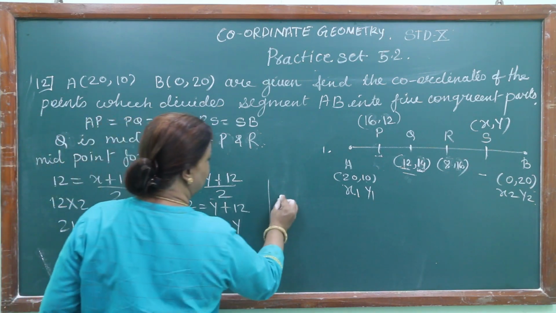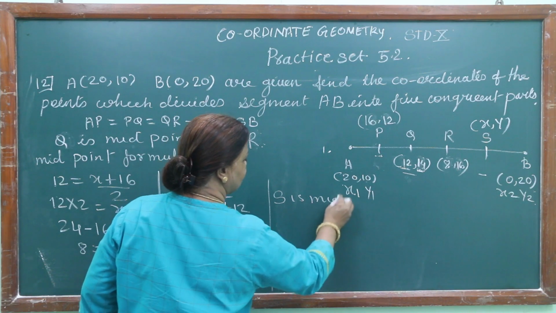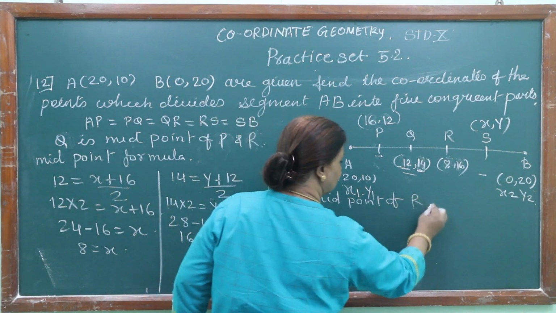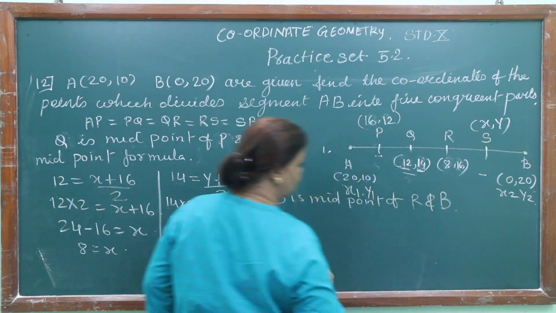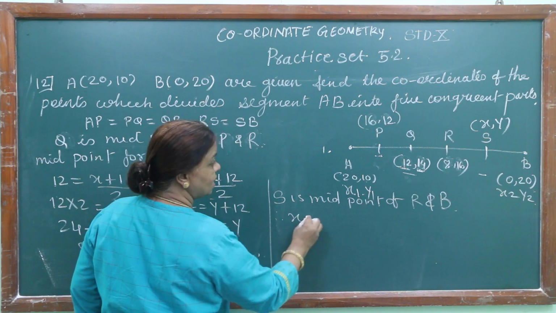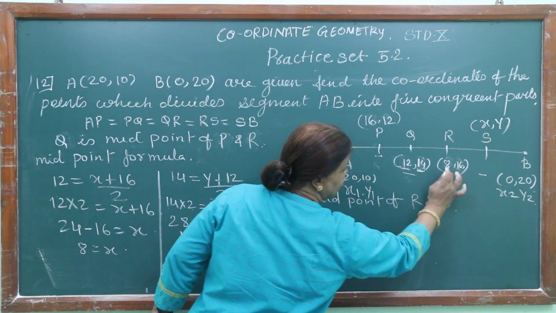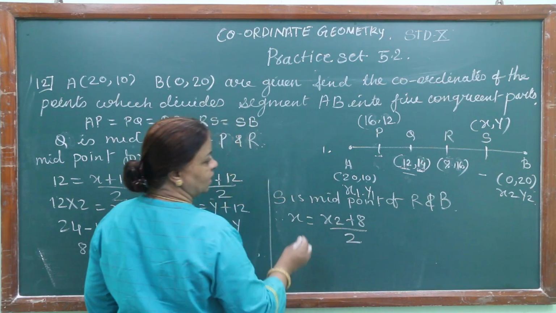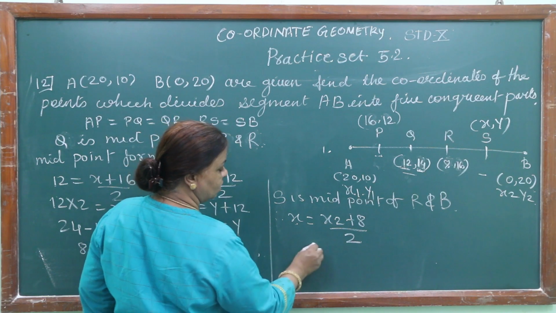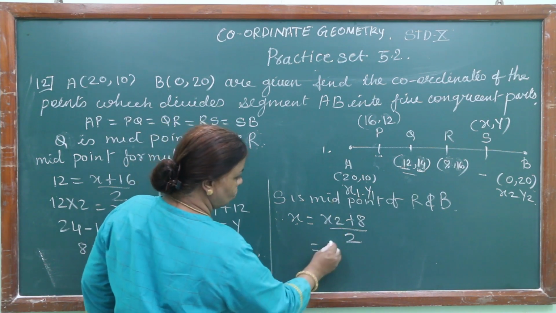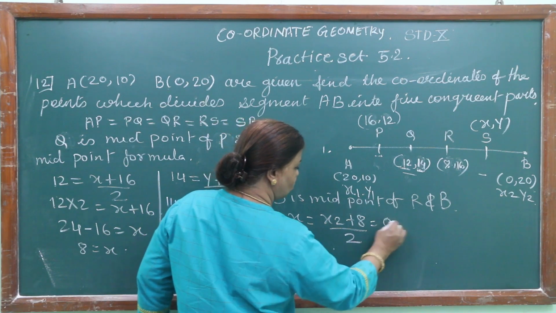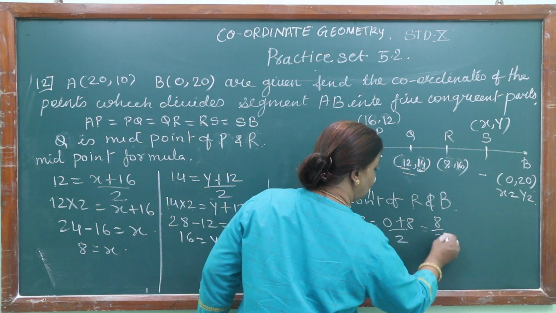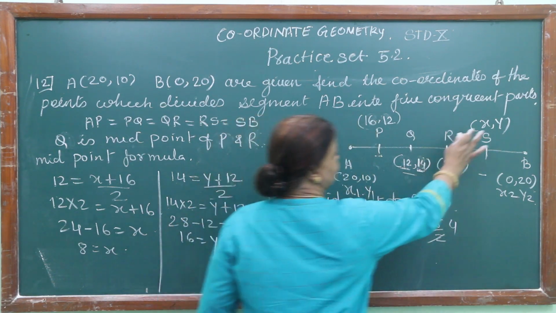So if S is the midpoint of R and B, therefore x is equal to x2 plus 8 upon 2, and x we need to find out. How much is x2? 0. Right, here 0 plus 8 upon 2, that is 8 upon 2, 2 4s are 8, so we got x as 4.